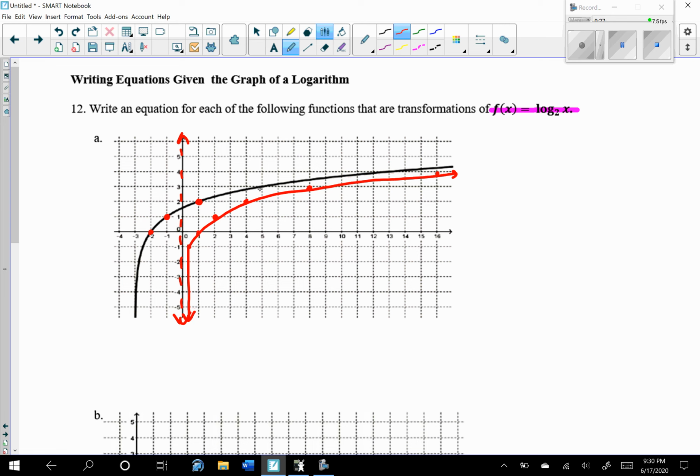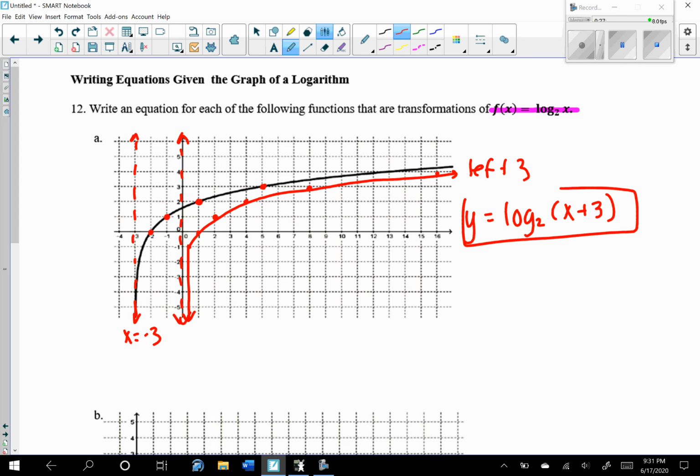So it looks like I didn't move it up or down at all. I just moved my graph to the left 3, which means my asymptote is right here at x equals -3. So graph moved left 3. So what's the new equation that we have? y equals log base 2 of x plus 3.